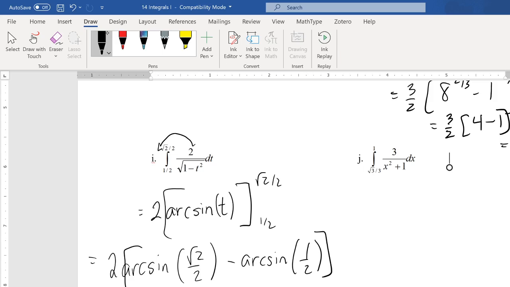So the first one is pi over 4. And the second one is pi over 6. And you can get those from your unit circle.